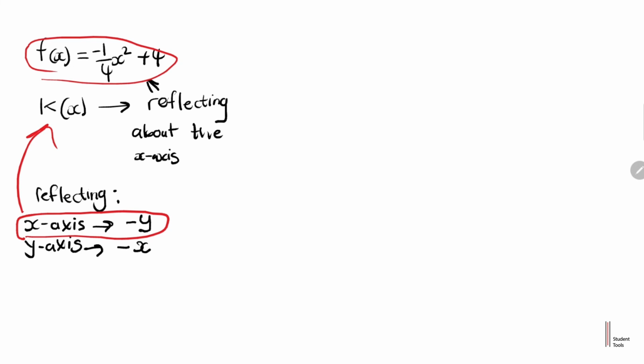So we have graph f, this one, I want us to write it as y equal to this. So we will have graph f as y equal to a negative 1 over 4 x squared plus 4. And we are reflecting about the x-axis. So that means we will negate y. So this is what we will negate. We will negate this y.